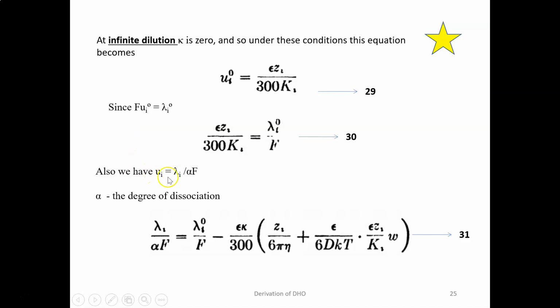We also have ui is equal to lambda i divided by alpha f. Alpha is the degree of dissociation. So you can substitute these particular functions here.